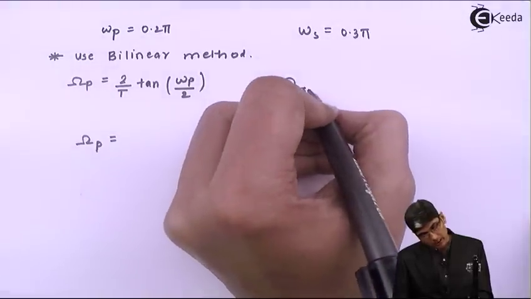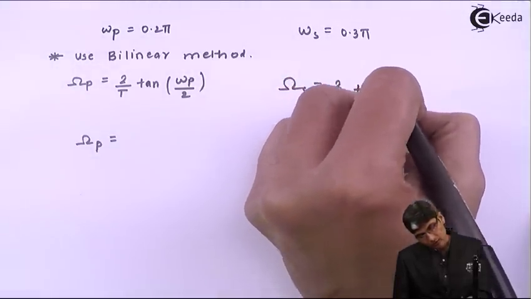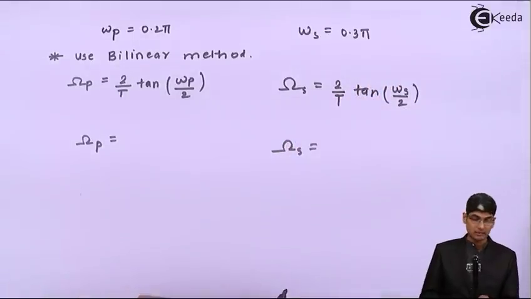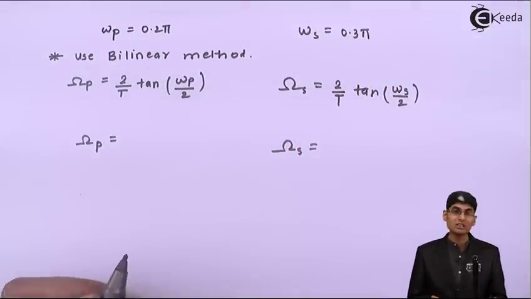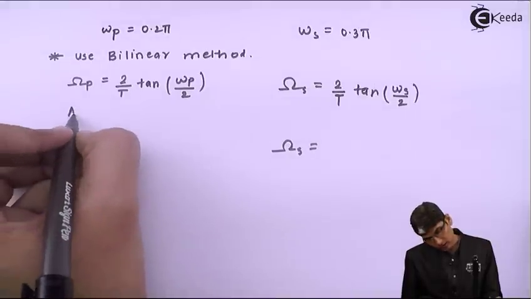Similarly, omega s equals 2 by T tan of omega s by 2. Now we know that we have not been given any sampling frequency, so let us assume T to be equal to 1.